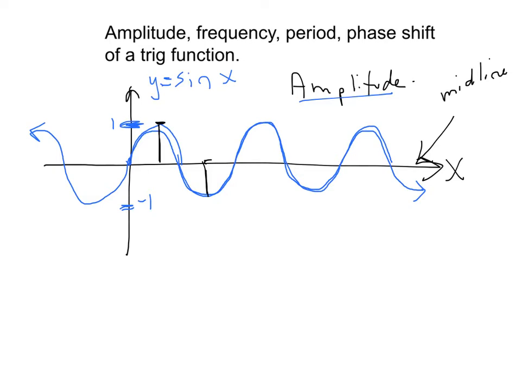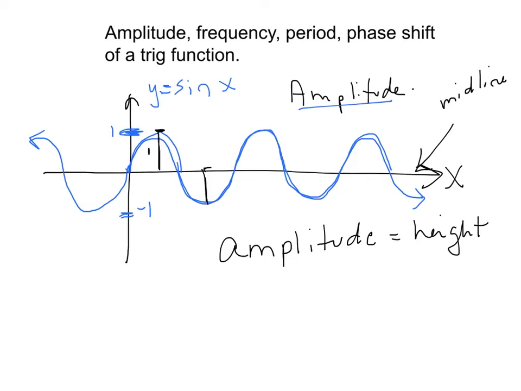So in a given trig function with no manipulations and no transformations, the amplitude, or the height, and let me just write that down, the amplitude is actually equal to the height, or the distance from the midline to the peak. That's the easiest way. And so it's just going to be 1.